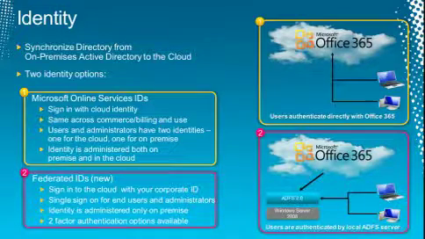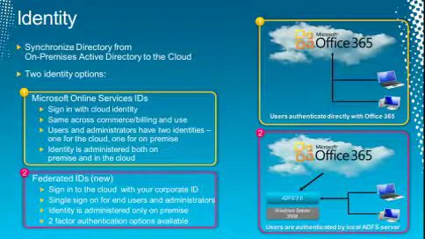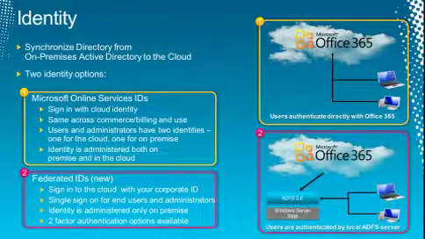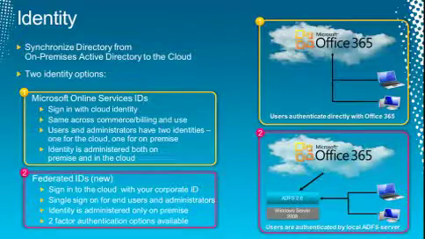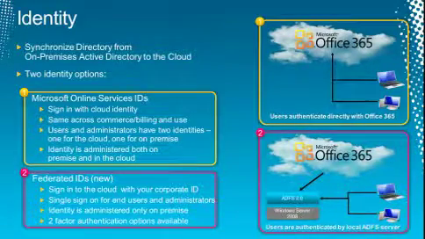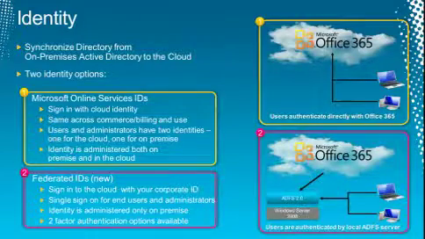Now your users can single sign on to their Windows machine, and then they're federated into the cloud. And so they can take advantage of those cloud services with the same identity that you're using on premises. This is the way we'd recommend most people who do use Active Directory locally implement Office 365, because it allows your users to have one identity, one password, and it just makes a lot of sense.